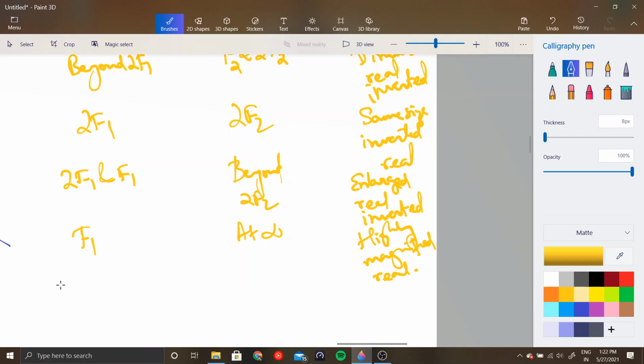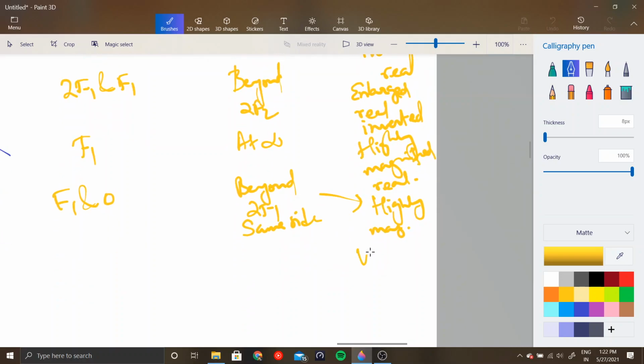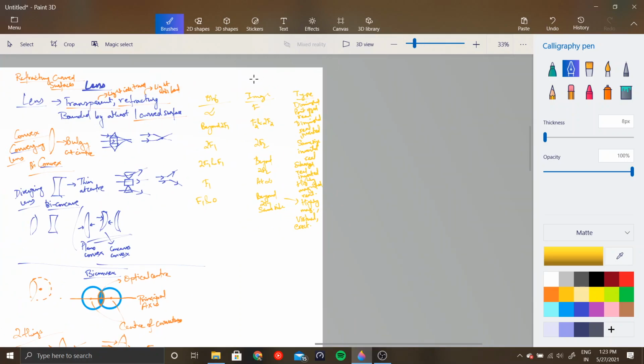Now, between F1 and O, this is interesting: the image will be formed beyond 2F1 on the same side. It will be highly magnified, virtual because the rays are not actually meeting, and erect. We actually use this in magnifying lenses.